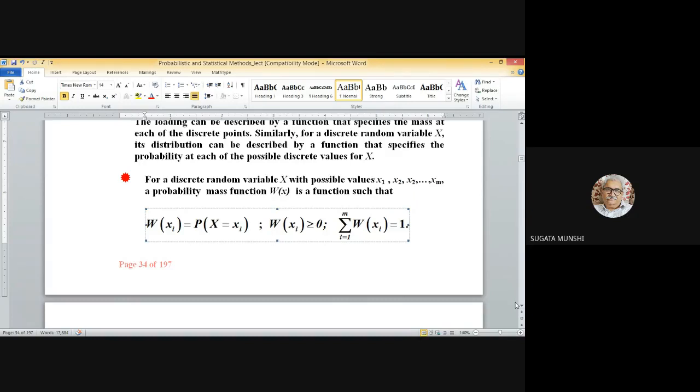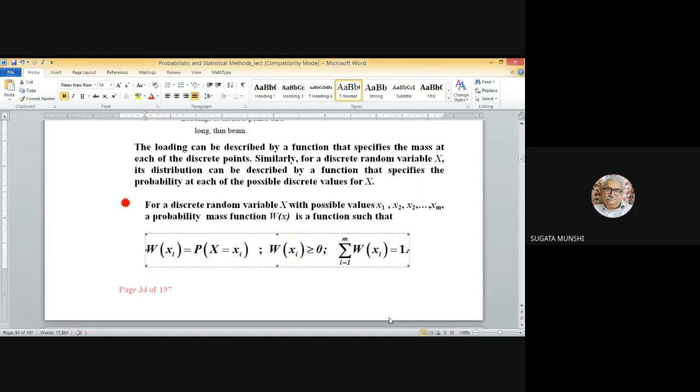Say capital X can take on 4 values or 5 values, small x1, small x2, small x3, small x4, small x5. And suppose the probabilities of capital X equal to small x1, capital X equal to small x2, capital X equal to small x4, capital X equal to small x5 are given.